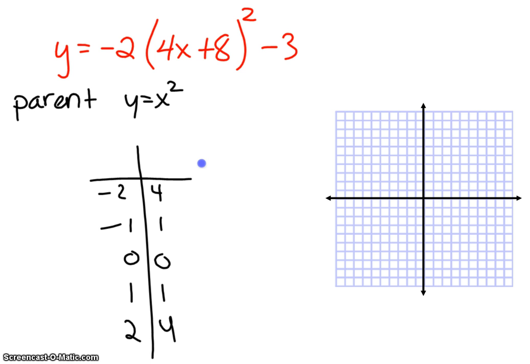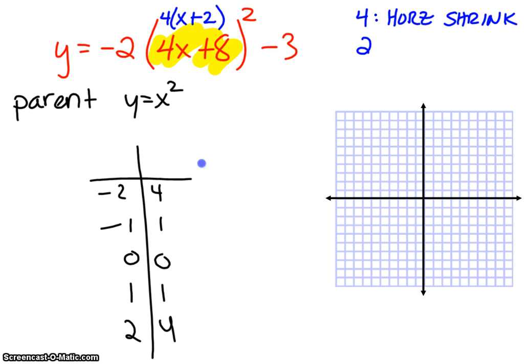And then I'm going to describe my transformations. Now, I'm going to do one at a time. I'm going to start out with my x's, so I'm going to deal with all these first. Again, I want to factor the 4 out because I want to know what I'm adding or subtracting to x. So that 4 tells me I'm going to have a horizontal, not stretch, a shrink this time.